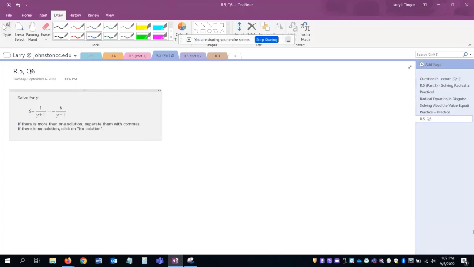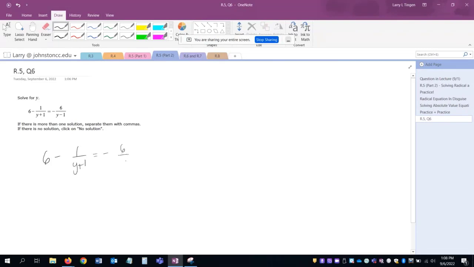When I've got rational equations, there are 2 ways to attack, and those ways are either get a common denominator and solve, or get the common denominator and then clear the fractions.